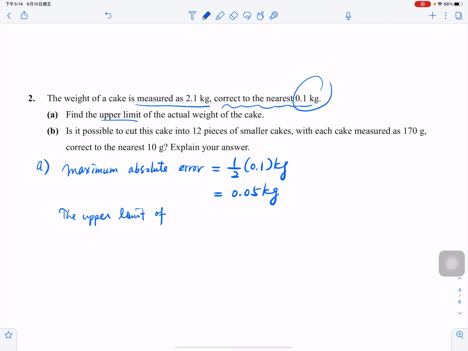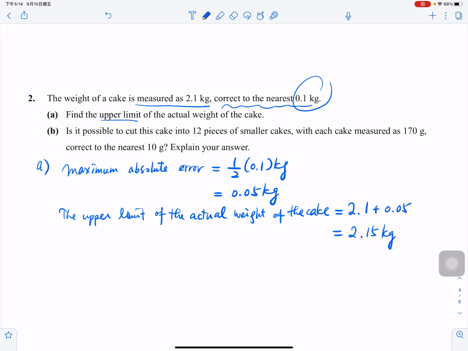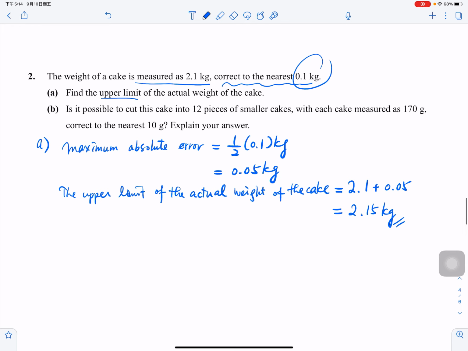Upper limit of the actual weight. 成日都講咗 length 添。So this one, the actual weight of the cake. So 2.1 plus the maximum absolute error, upper, so plus this value. So 2.15 kilograms. So the upper limit of the cake is 2.15 kilograms.